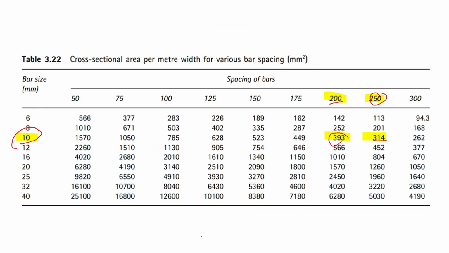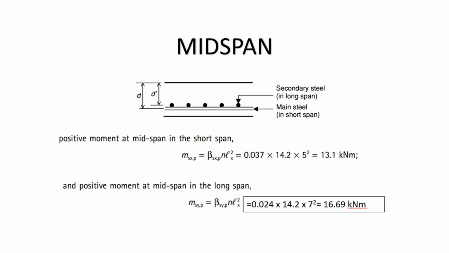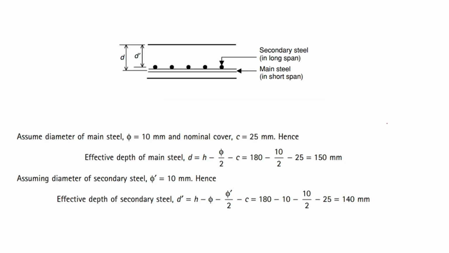Okay, so we go to the mid span. At the mid span, the reinforcement is just located at the bottom. In the bottom you have here, this one is secondary, this one is the main reinforcement. These are the moments that we have calculated earlier. The distances, this is 150, 140.